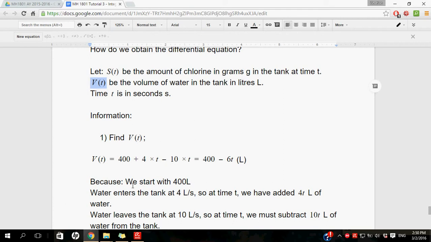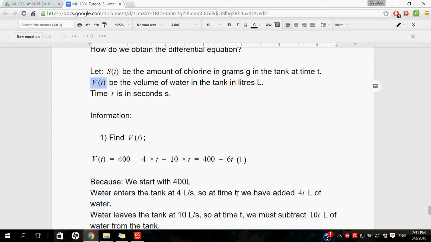First of all, it tells us that the tank starts with 400 liters of water. This is the starting amount of water. Next, water is entering the tank at a rate of 4 liters per second.